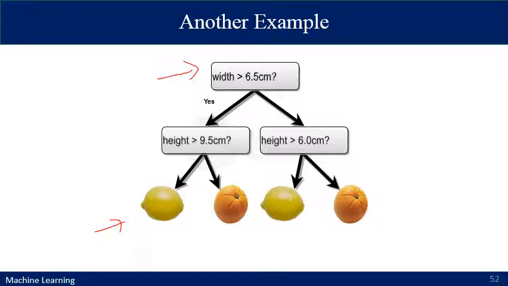So if width is greater than 6.5, we check the height. If height is greater than 9.5 centimeter, we classify it as lemon, or otherwise it is orange. On the other hand, if height is greater than 6.0 centimeter as well, we again classify it as lemon, otherwise it is an orange.